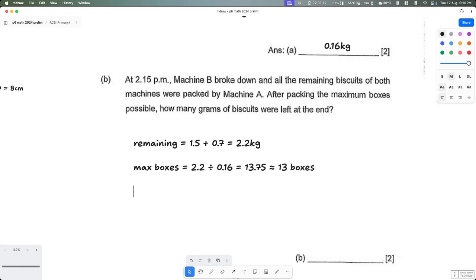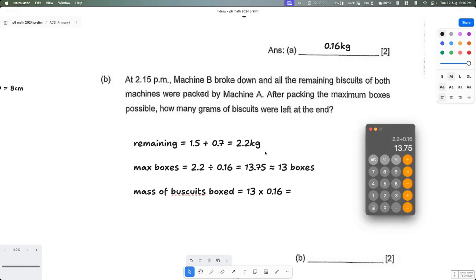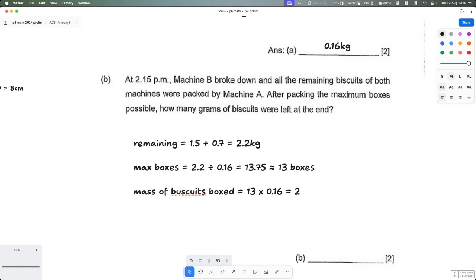So that means the mass of biscuits boxed is equal to 13 times 0.16. Let's use the calculator: 13 times 0.16 is 2.08 kg.